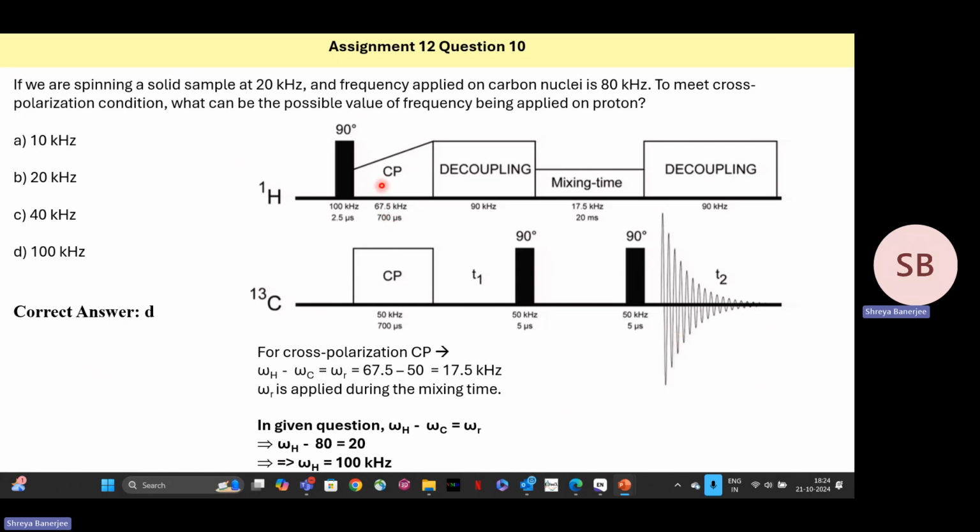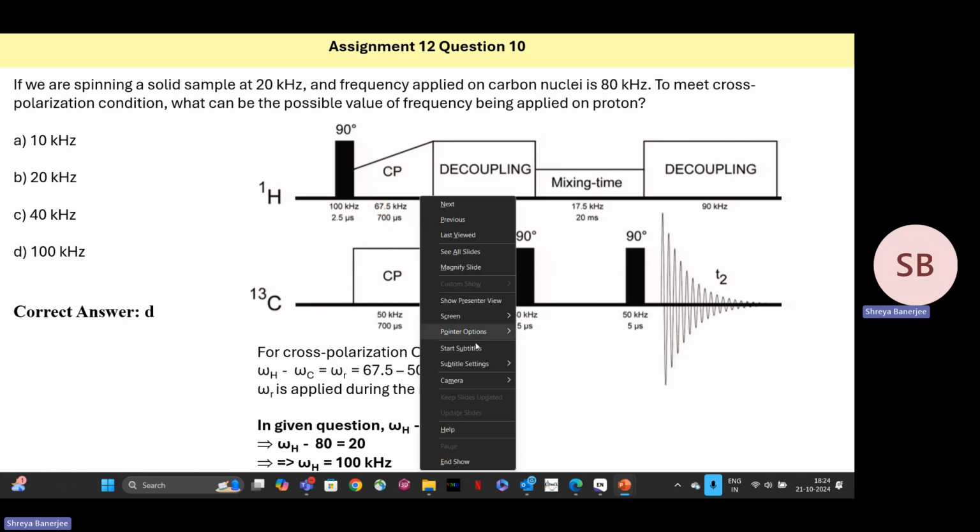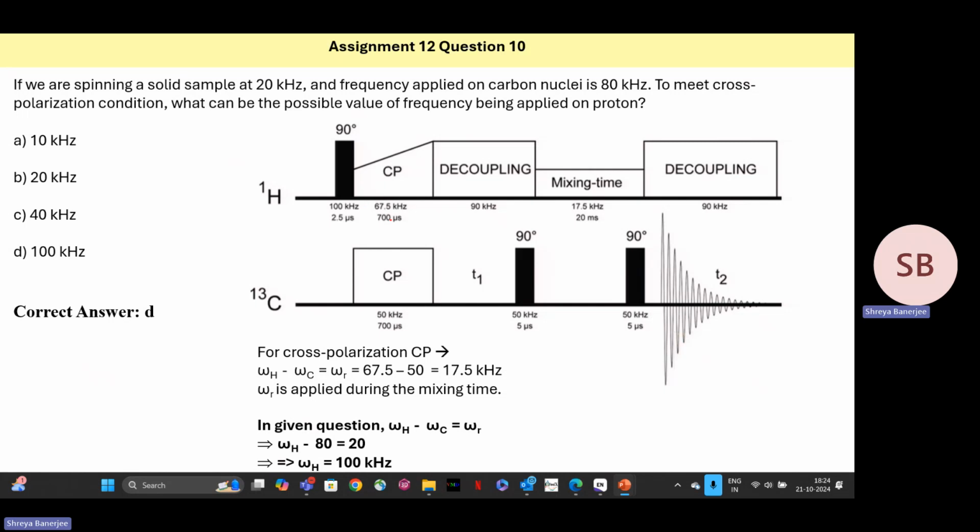So here, if you look at the region of cross polarization, the frequency applied on one edge was 67.5. Frequency applied on 13C was 50 kilohertz. Now for the condition of cross polarization, this is the equation to remember: omega r is omega h minus omega c, where omega r is the spinning frequency.